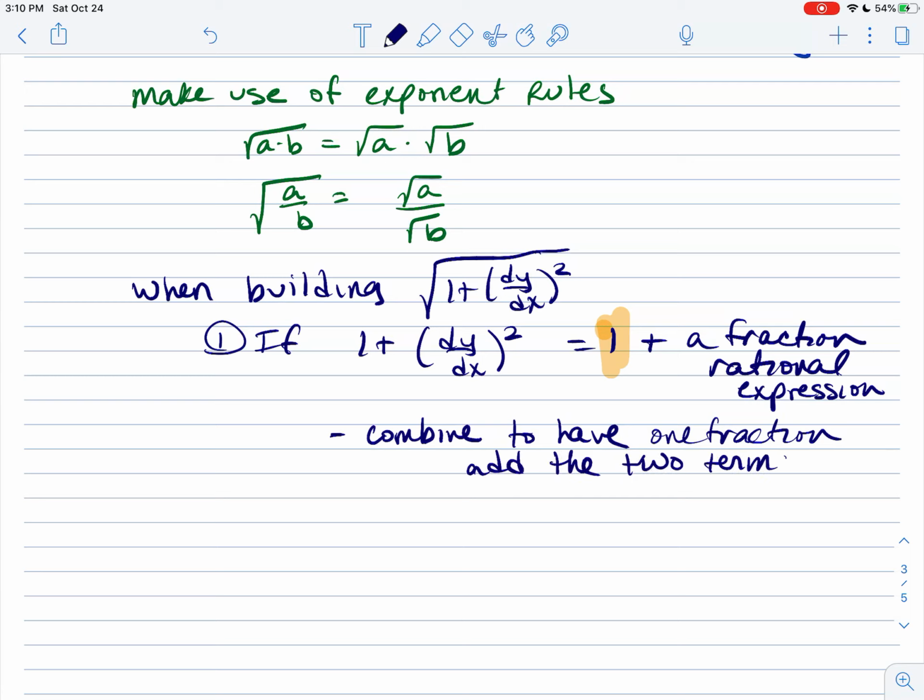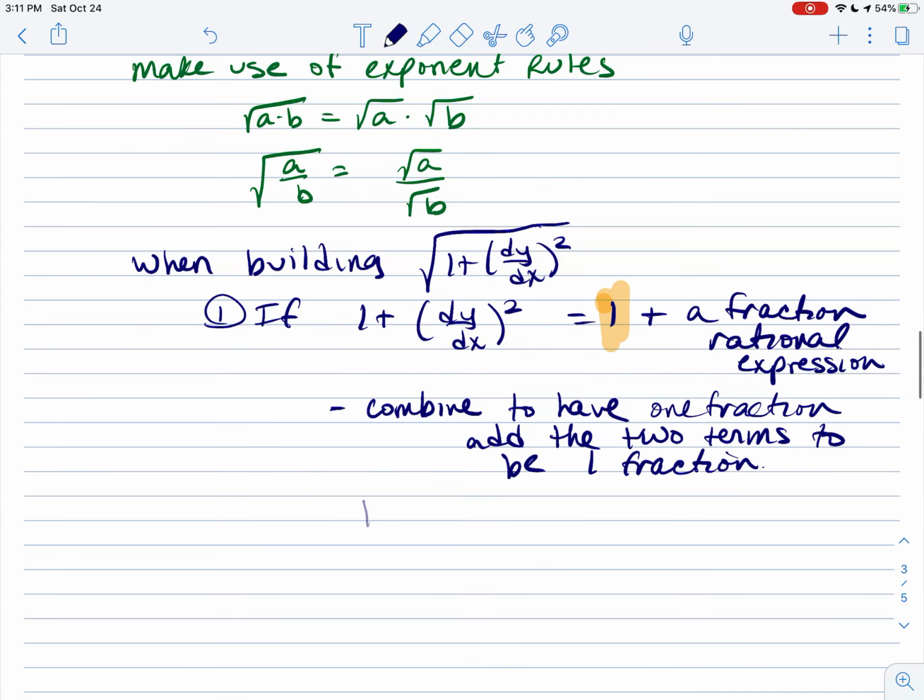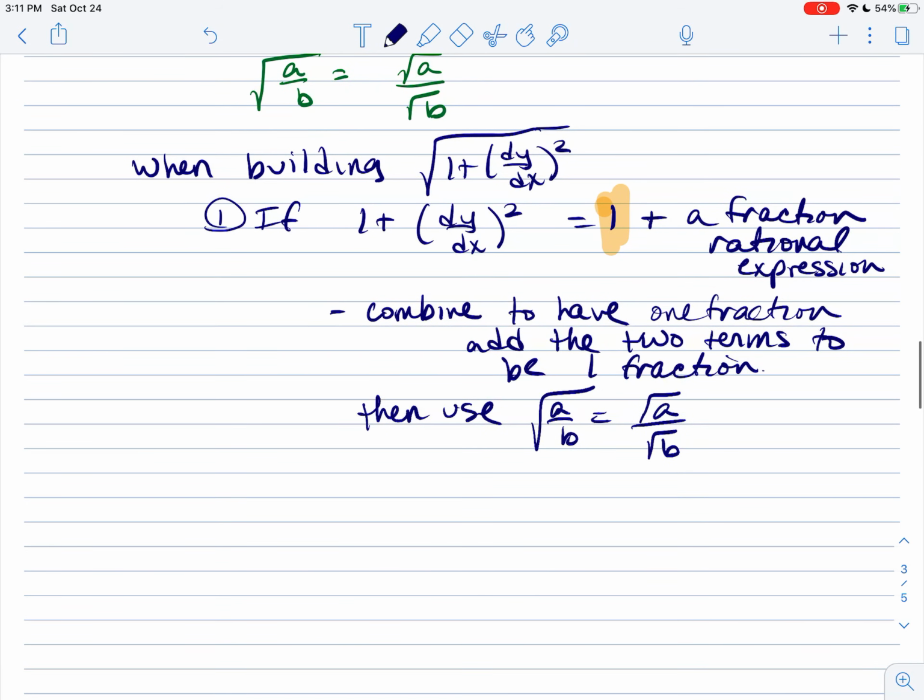Add the two terms to be one fraction, by making a special version of 1 and combining that, and then use the square root of a over b equal to the square root of a over the square root of b. That can often be pretty helpful.